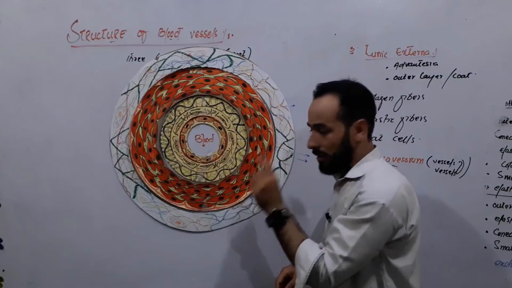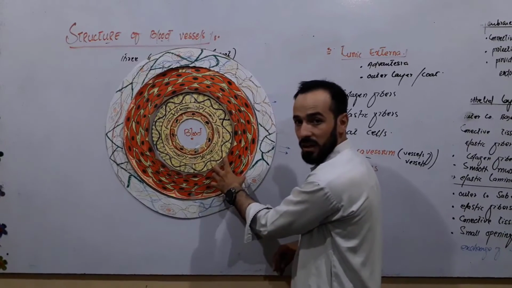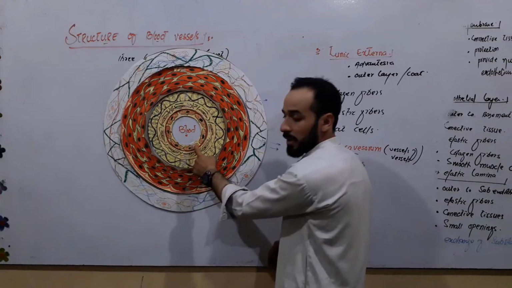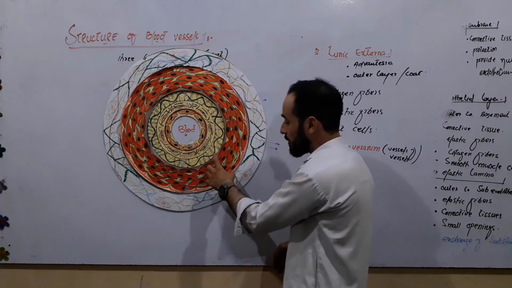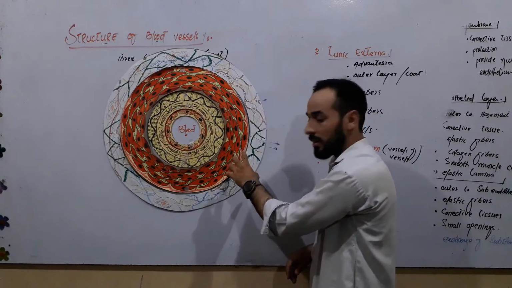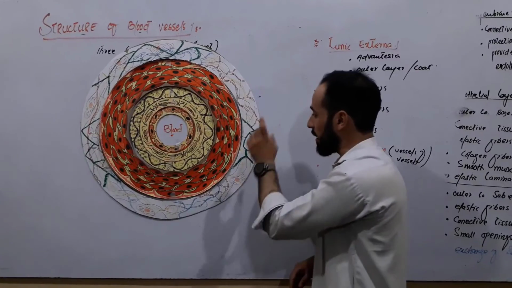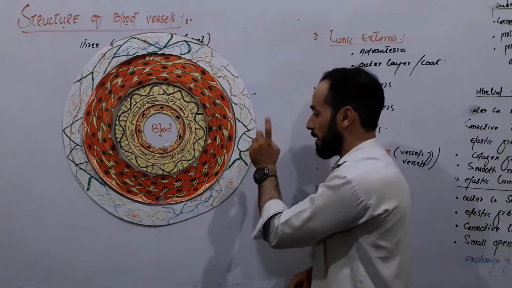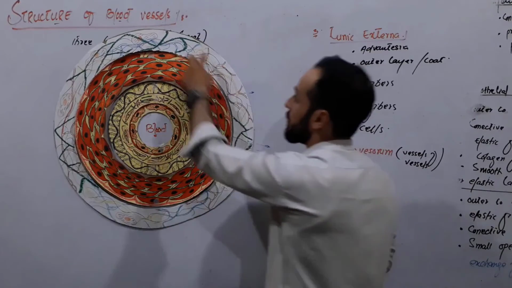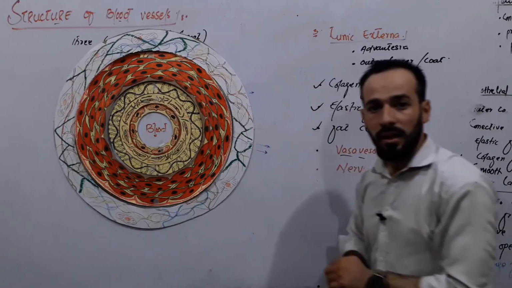These 3 layers are tunica interna, tunica media and tunica externa. Tunica interna is made up of 4 sublayers. Tunica media is a thick muscular layer, and tunica externa is the protective layer, and it contains vasa vasorum, small vessels, collagen fibers, elastic fibers, and neurons distributed in the tunica externa.